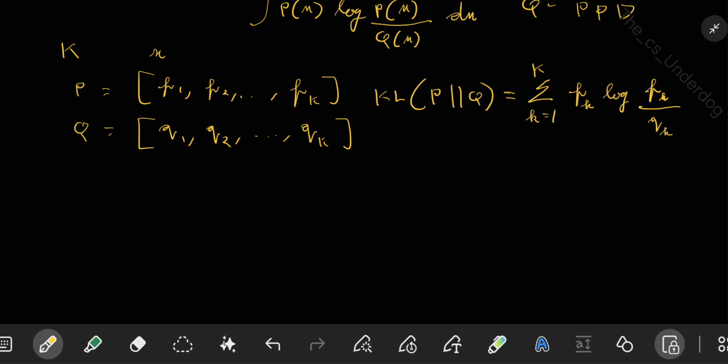First thing, what are we trying to do? What is our goal when you're using KL divergence in this particular case?